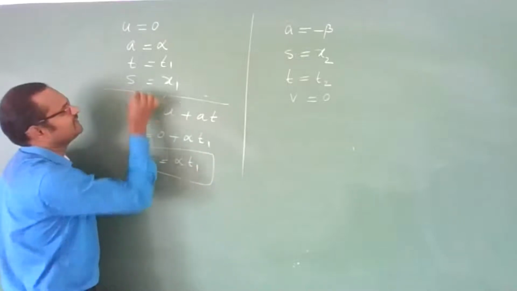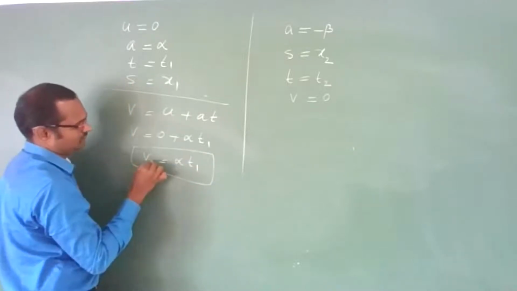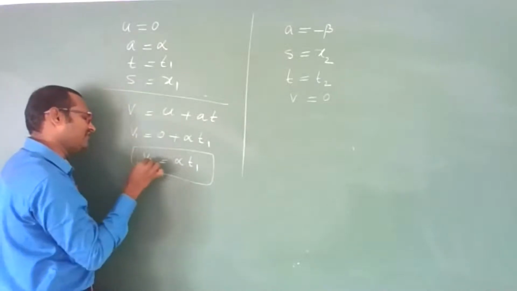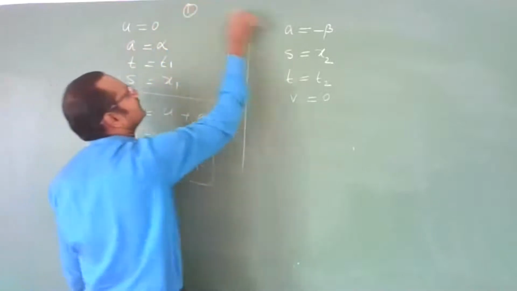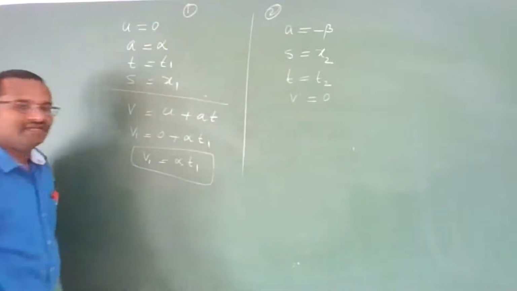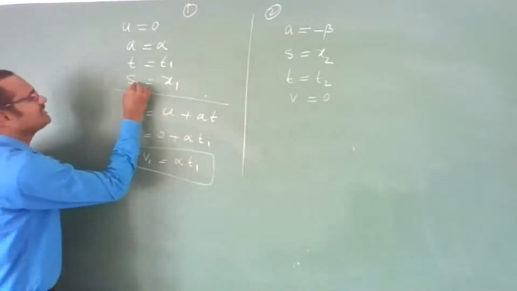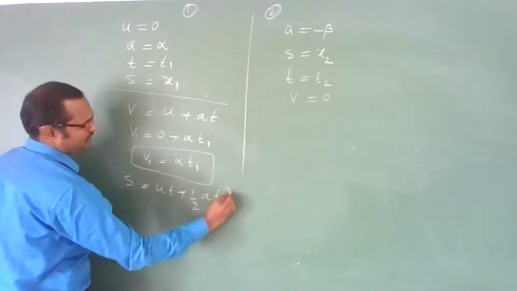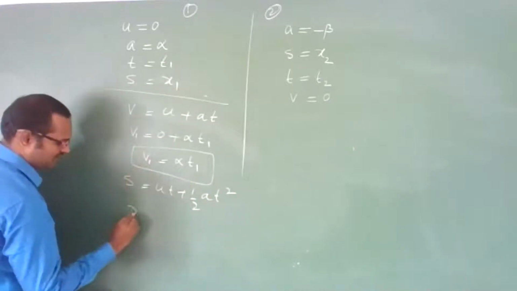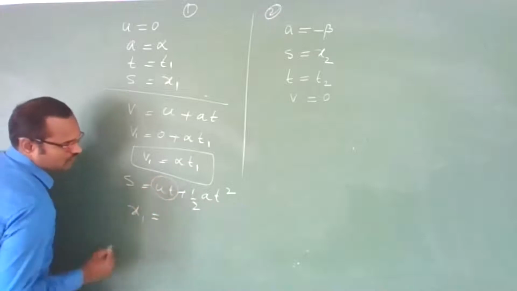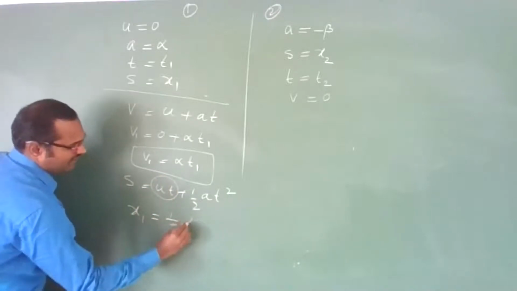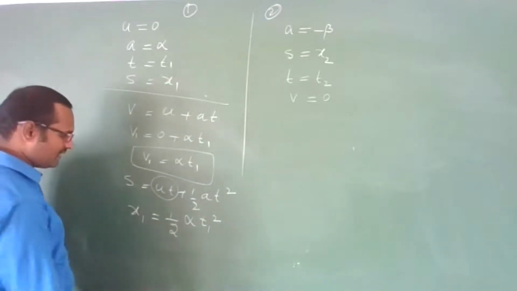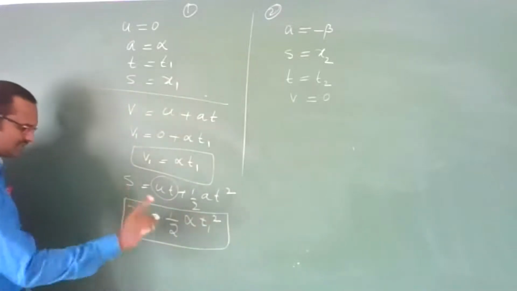This is the velocity with which it is now moving. This v1 is for the first part. One more relation we want because distance is given. We know s is equal to ut plus half a t square. So x1 is equal to 0 plus half alpha t1 square. Let us keep this equation also with us.